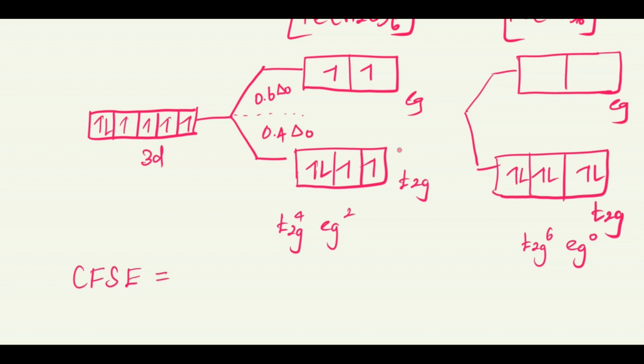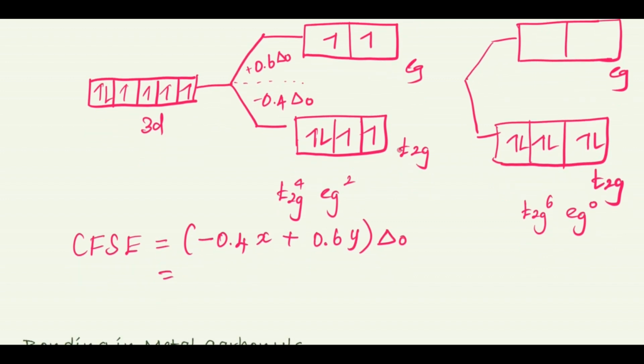So we are just going to find out the CFSE using that. So minus 0.4 x, where x is the number of electrons, plus 0.6 y into del octahedral. That is the formula.